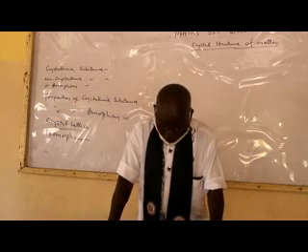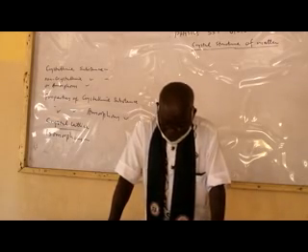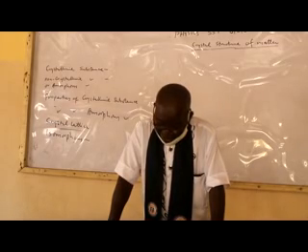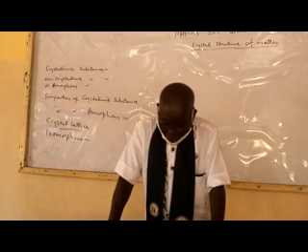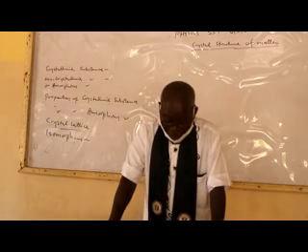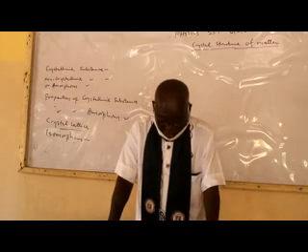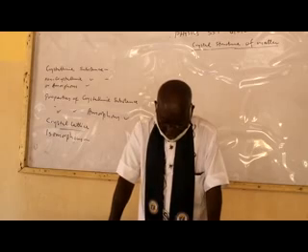Isomorphous is a substance of the same crystalline shape. Substances of the same crystalline shape are said to be isomorphous.